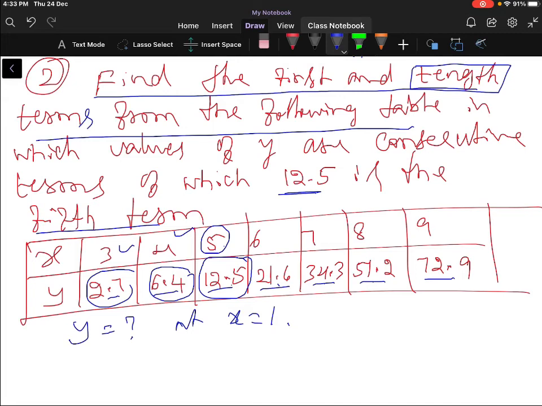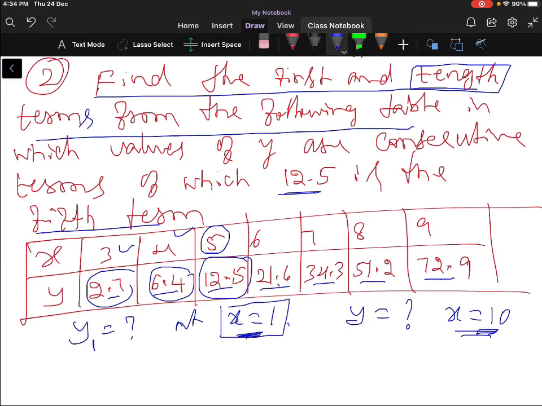So this is the fifth term 12.5, 21.6 is the sixth term, 34.3 is the seventh term, 51.2 is the eighth term, 72.9 is the ninth term. So you have to find the 10th term, y at x is equal to 10. So y10 is the 10th term. We need to find y1 at x equal to 1 and y10 at x equal to 10.